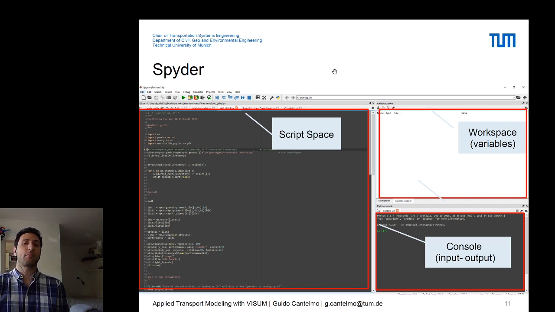Again, this is important because with Python, not all the environments allow you to have a graphical visualization of the variables. For instance, Jupyter is another amazing environment, but maybe it's just not as intuitive.